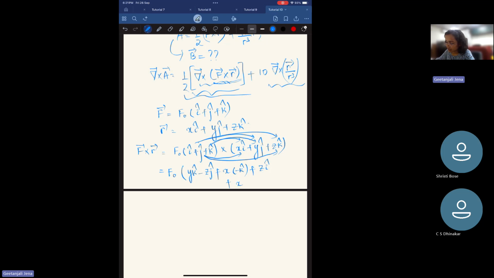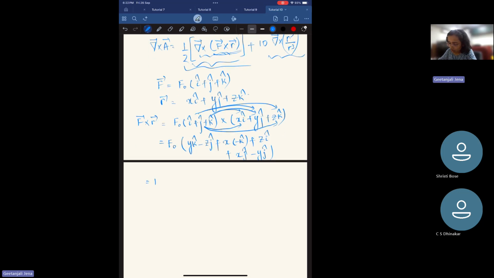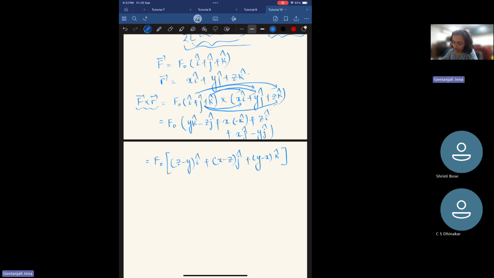So this will be x, k i will give j, and k j will give minus y i-hat. So the final expression will be F0 ((z minus y) i-hat plus (x minus z) j-hat plus (y minus x) k-hat). So this is F cross r.